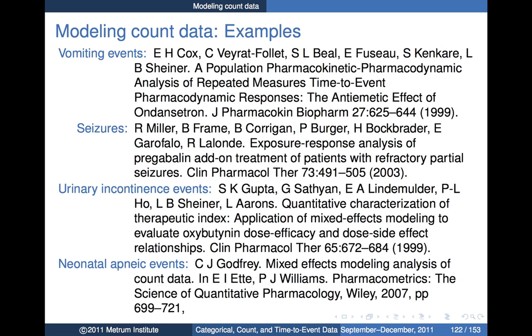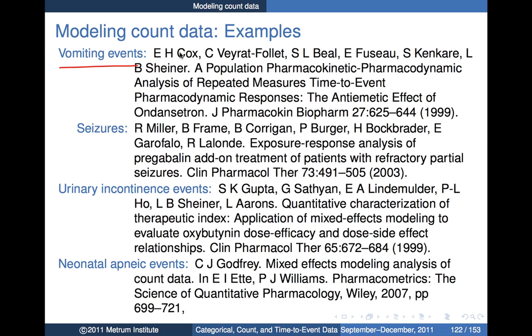And we see count data in a lot of situations in pharmacodynamics. This is just a very short list of some different possibilities here with some citations for cases where PD models have been developed to describe counts of events.